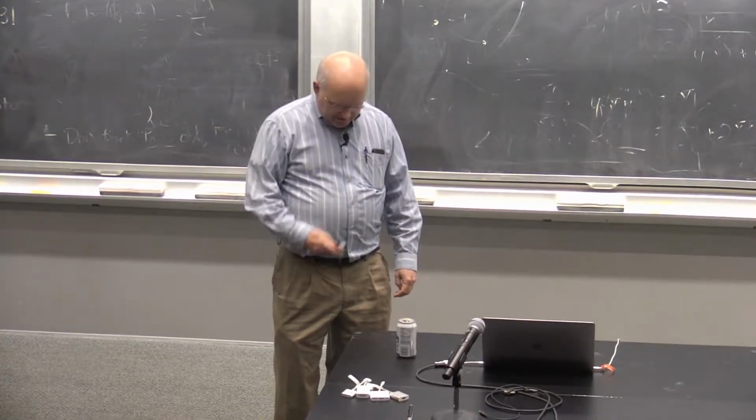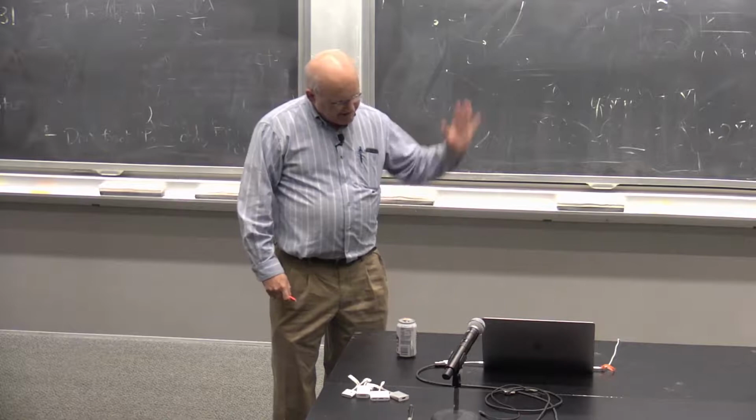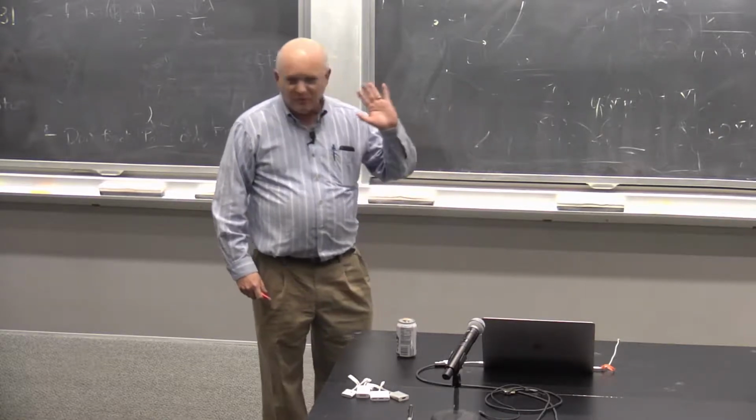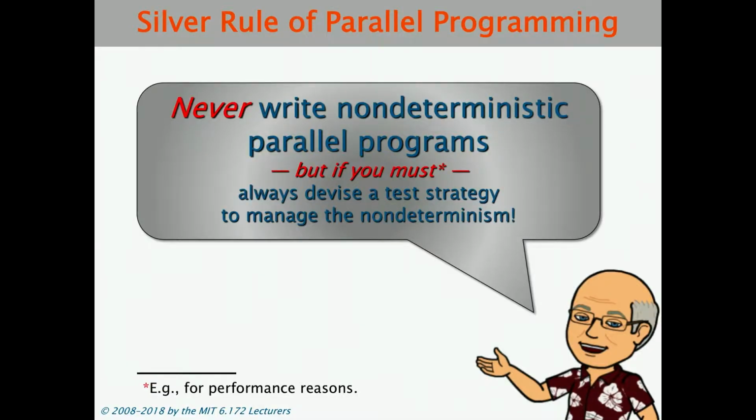So this is the golden rule. We also have a silver rule. The silver rule says, never write non-deterministic parallel programs, but if you must, always devise a test strategy to manage the non-determinism. You better have some way of handling how you're going to tell what's going on if you have a bug.